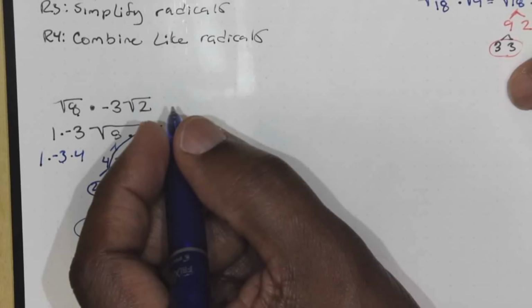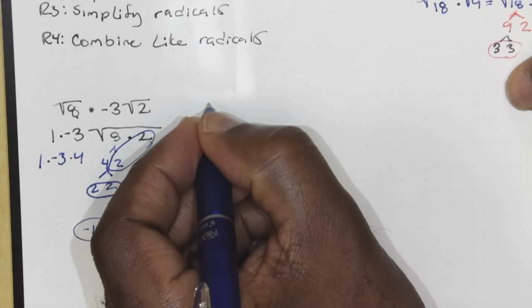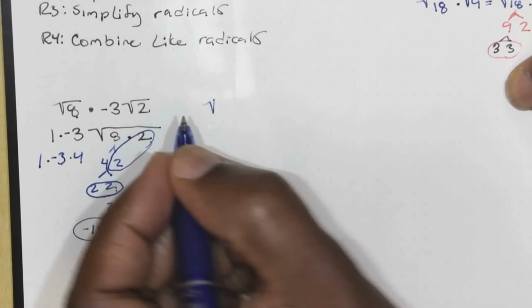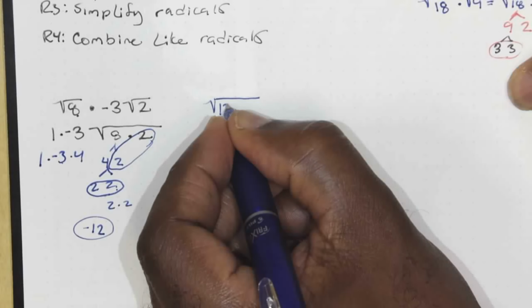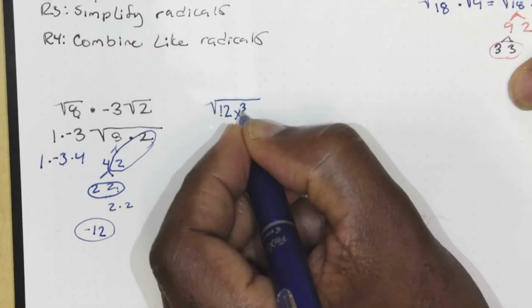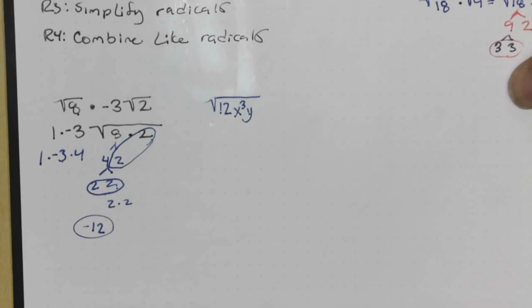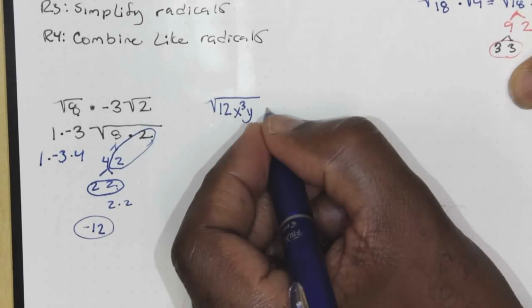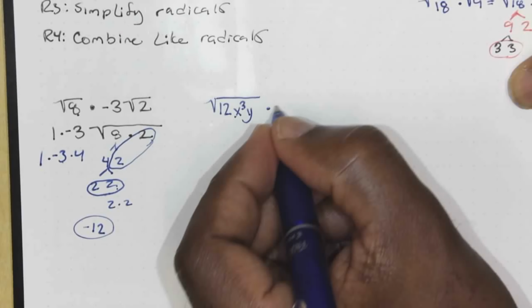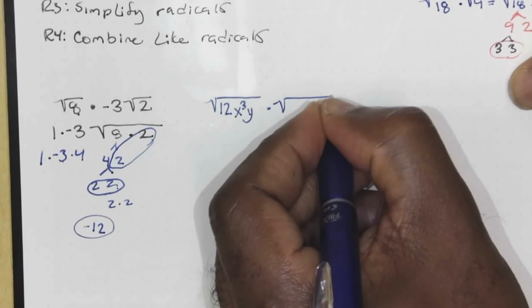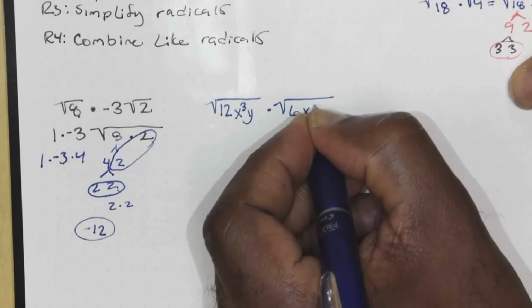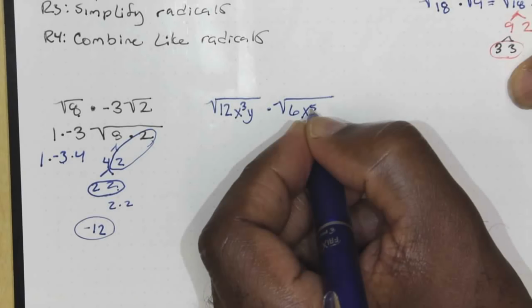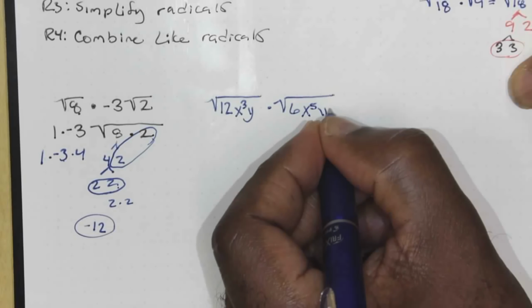Here we go. So let's write this one down. Square root of 12 x to the third y times, no coefficient, 6 x to the fifth y to the fourth.